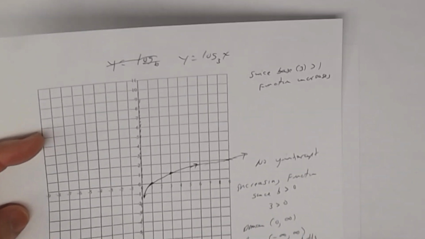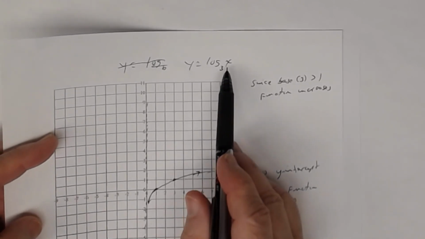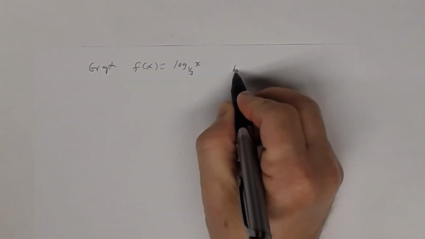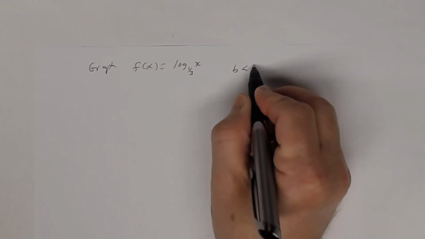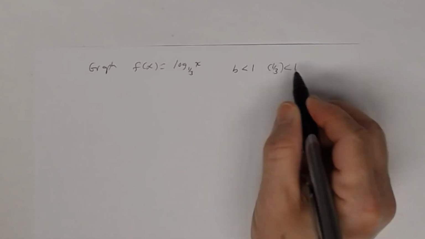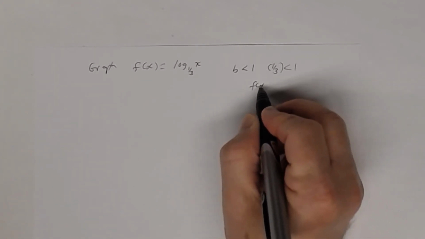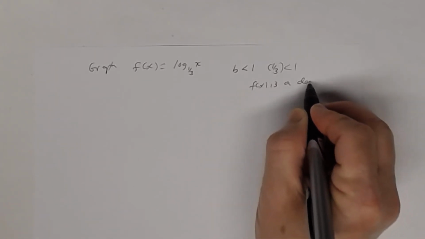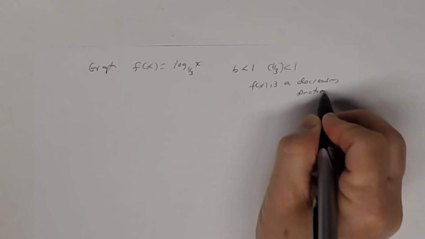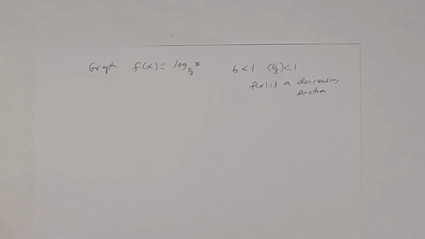We also know this, that if the base is less than 1, like this one is, since one-third is less than 1, the function f of x is a decreasing function. Okay, decreasing function. So you're going to see that when we look at the graph.